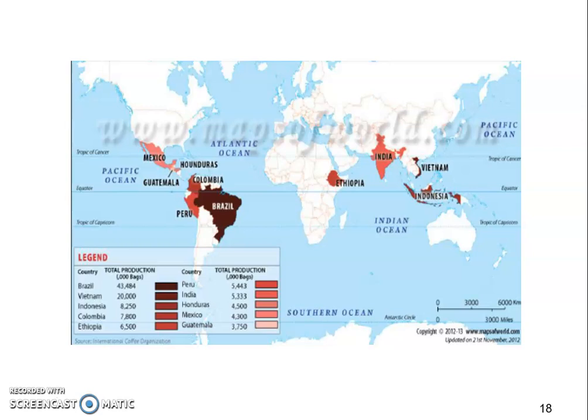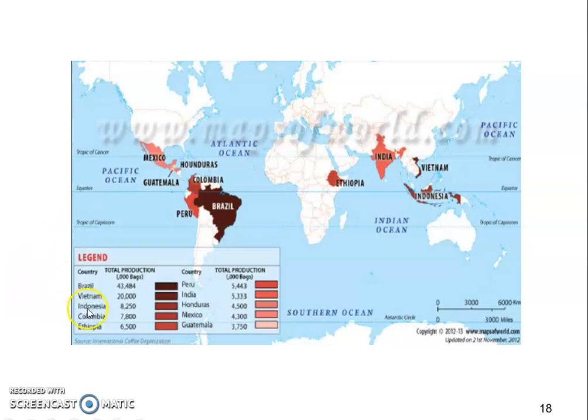But what's new, in the past 2 or 3 decades, is some Southeast Asian economies joining this market. In terms of climate, temperature, rainfall, and soil, they're pretty close to Brazil and other South American economies, so they can grow coffee beans in a pretty efficient way.